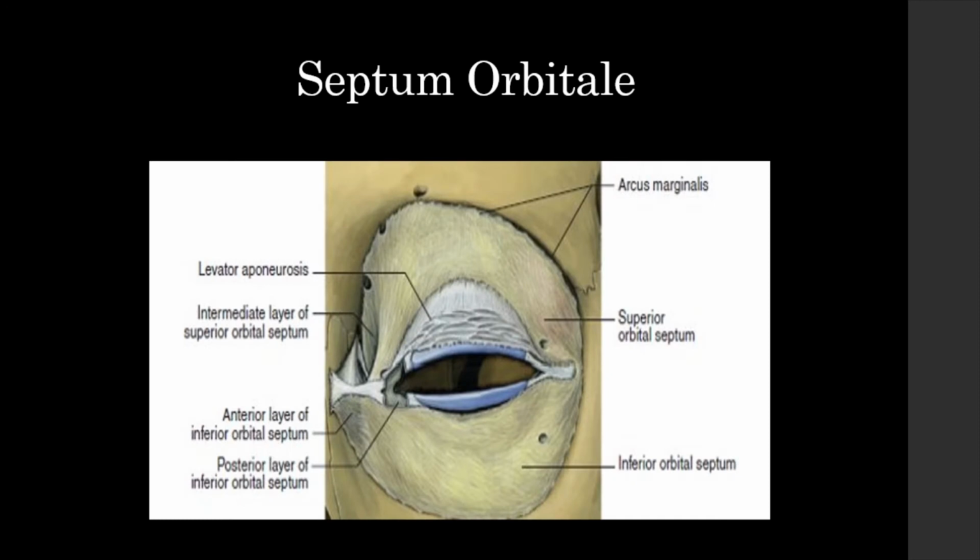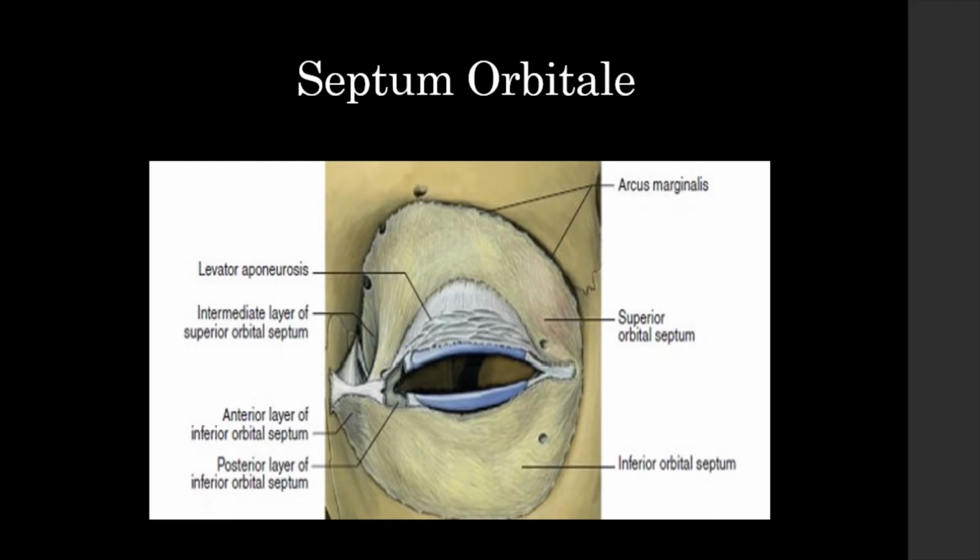Septum orbitale. This is a thin floating membrane of connective tissue, and they take up their origin from the periosteum over the superior and the inferior orbital rims. And their attachments, peripherally, they are attached to the arcus marginalis, which is formed from the periorbita and becomes continuous with the periosteum of the orbital bones.